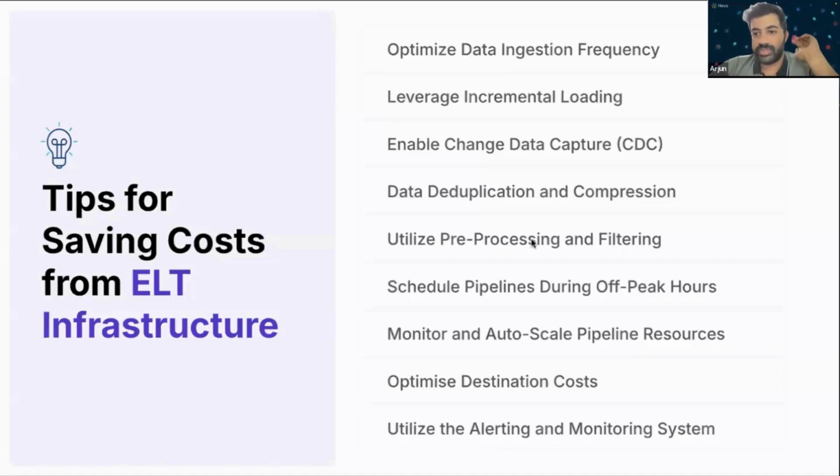Don't update, don't merge, don't do any update queries on my Snowflake, just keep appending data so that I don't incur costs. So you need a solution that's flexible to even merge if required and also be able to append and save costs for you. So again, we can talk about this for days because every customer I talk to has a different challenge, but these are the high level modules that I wanted to cover.